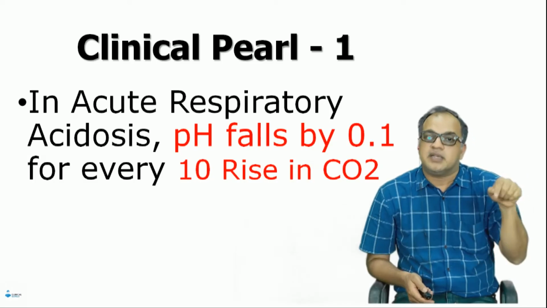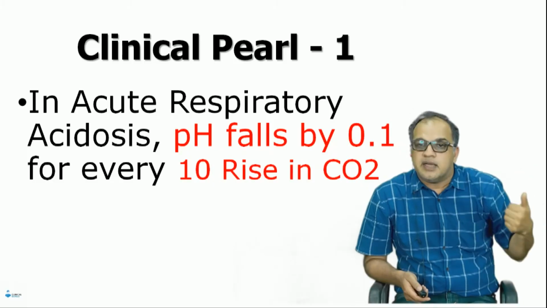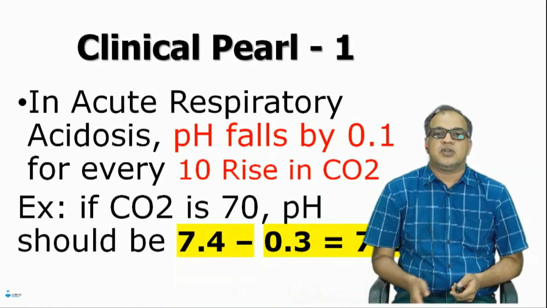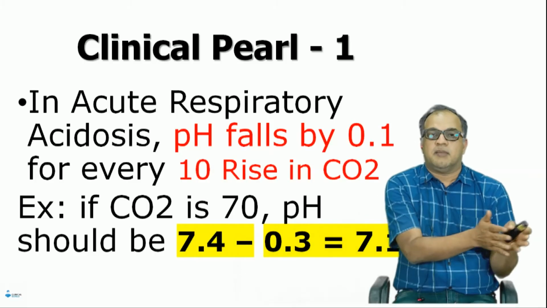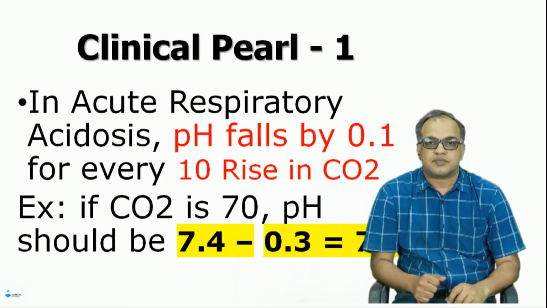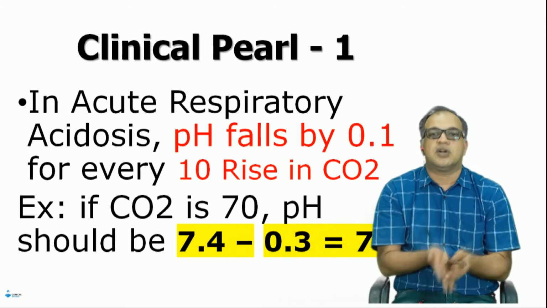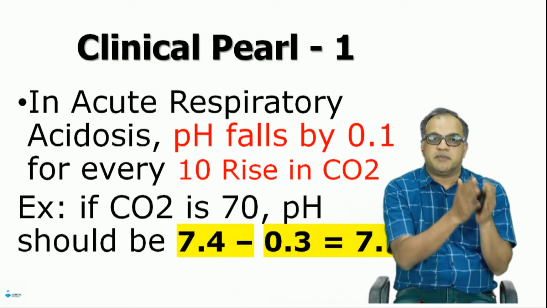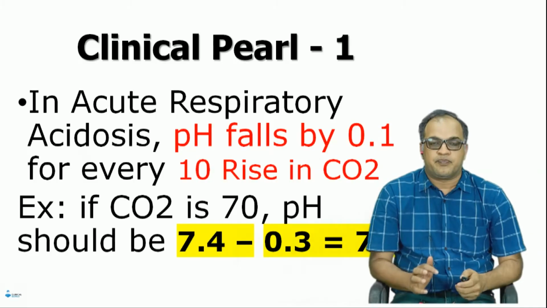That should be 7.2. If the CO2 is 70, then the pH should be 7.4 minus 0.3, which is 7.1. So this is the first clinical pearl you should note down, or you can take a screenshot, and obviously this recording will be available. In acute respiratory acidosis, the pH falls by 0.1 for every 10 rise in CO2.